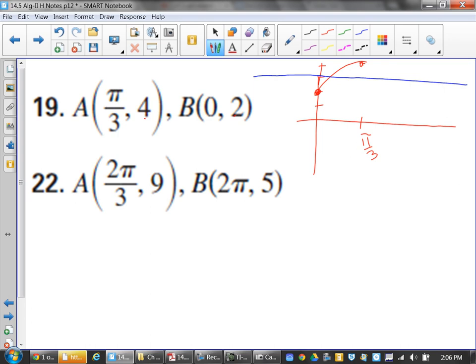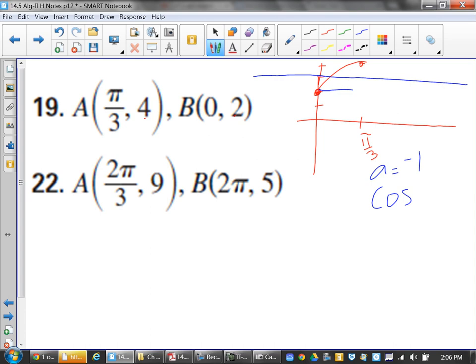So your A value, since you know that it starts at a minimum, is going to be negative. What's your A? -1. Is this a cosine or a sine graph? It's cosine because it starts at a minimum. Now we have to figure out how far apart 0 and pi over 3 are. Pi over 3.